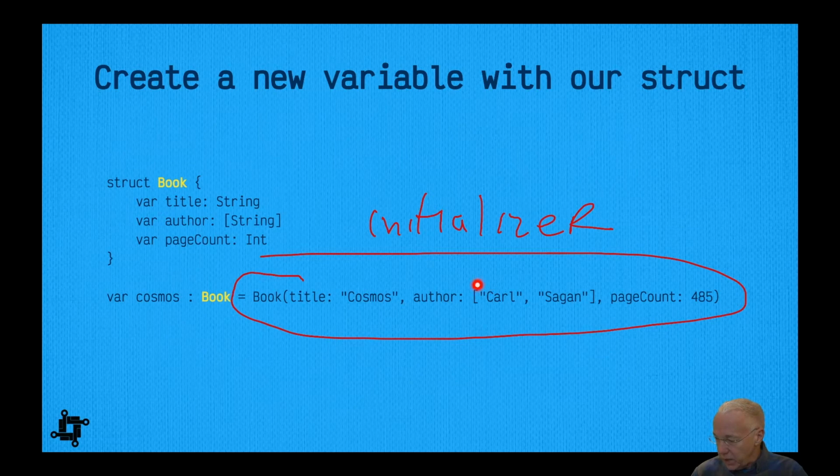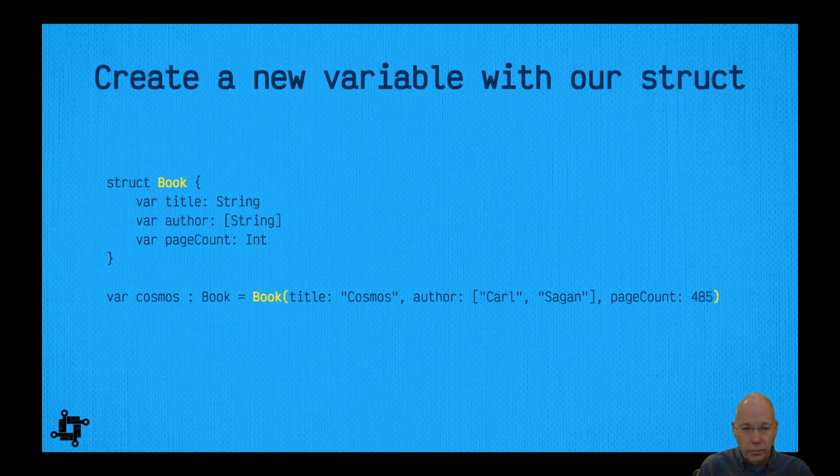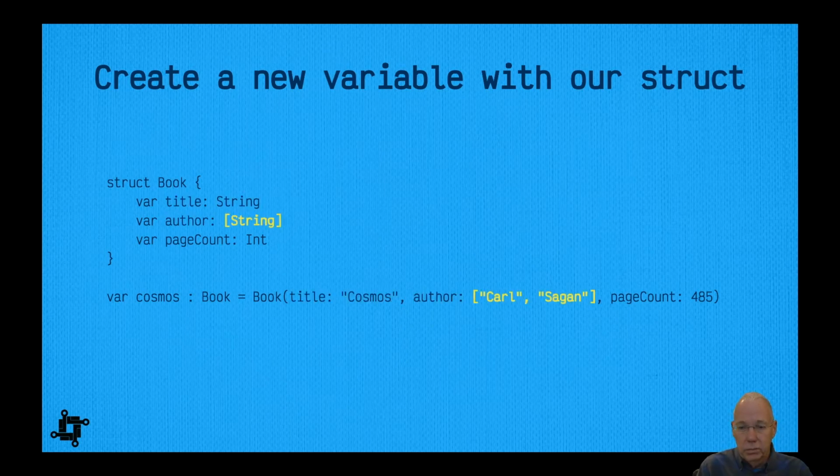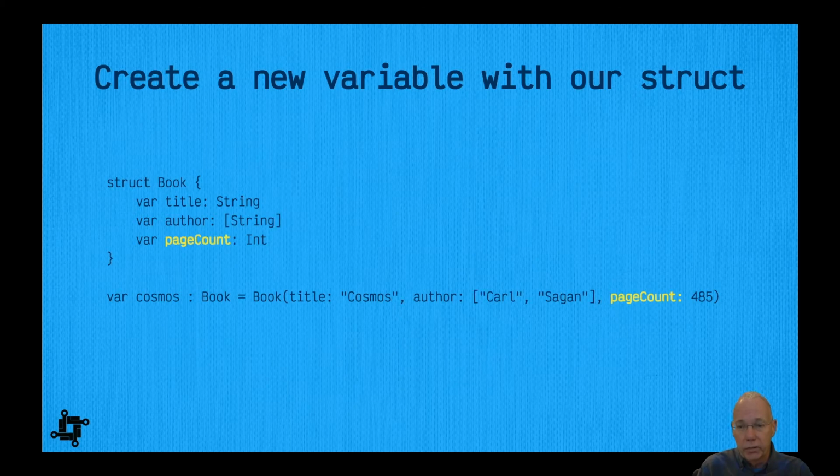Author, I've given it an array, Carl Sagan, so sure enough, that author is going to be set up with that array, and the pageCount is going to get 485. So when this finishes, cosmos will be of type Book, and title, author, and pageCount will all be set. So here's title, here's author, and here's pageCount.